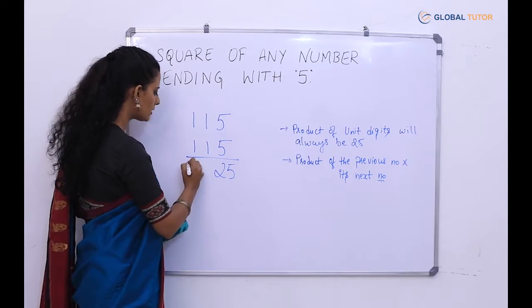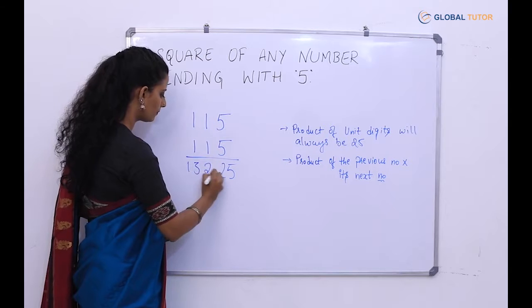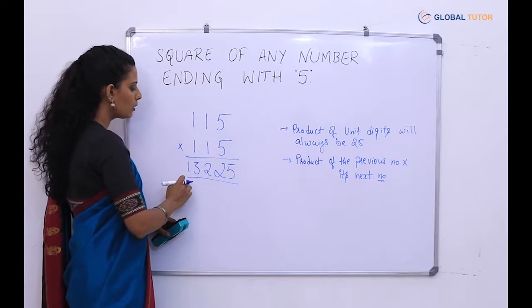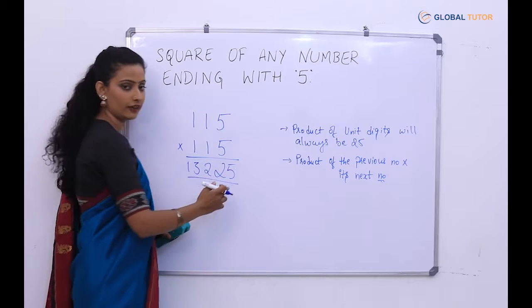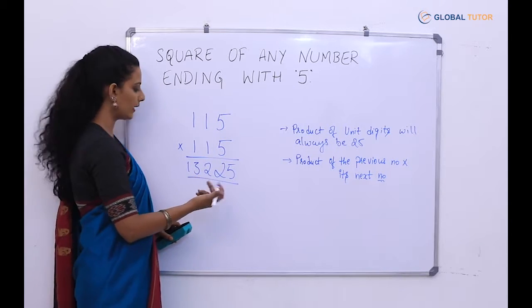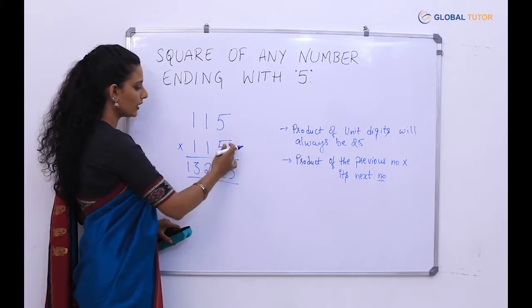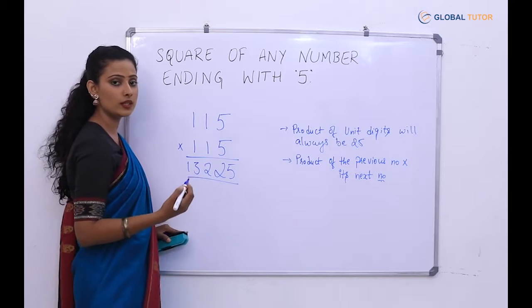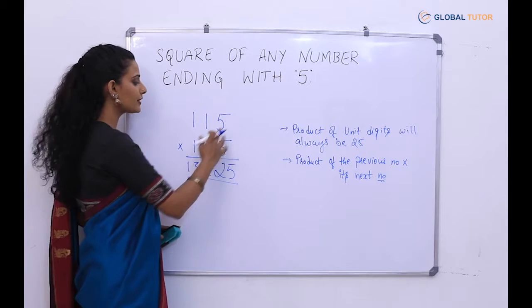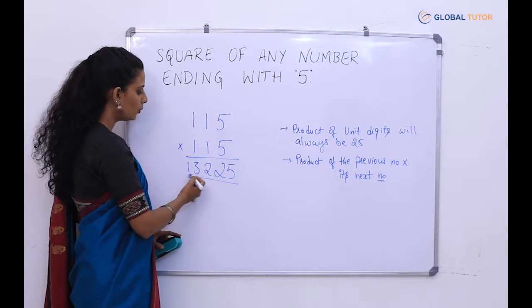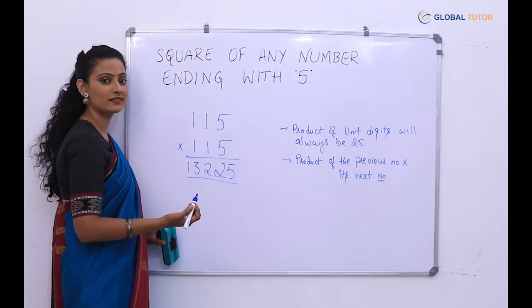So 11 into 12 is 132. So 115 into 115 will be 13225. Using this sutra, Ekadhikena Purvena, this is the answer we get for 115 into 115.